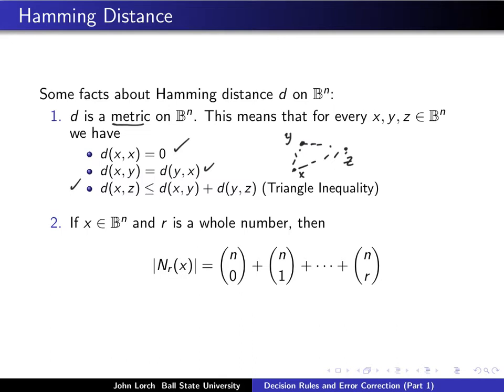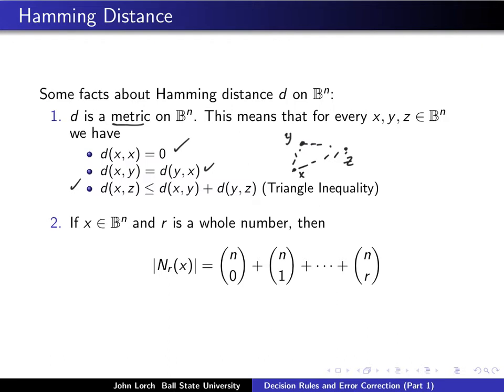Okay, the other thing that's useful to know about the Hamming distance is how many objects are in a given neighborhood. So remember, on the last slide, we had an example where we were trying to compute elements in some of these neighborhoods, and I had asked you to count up how many elements were in each neighborhood.